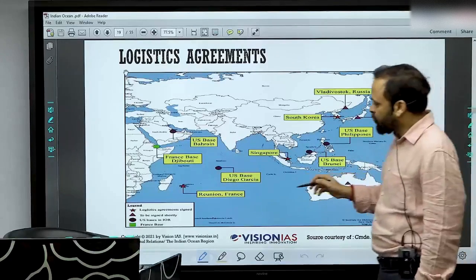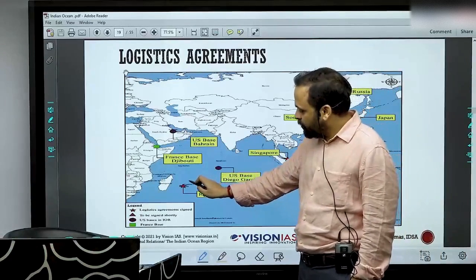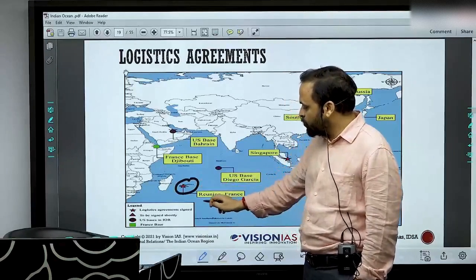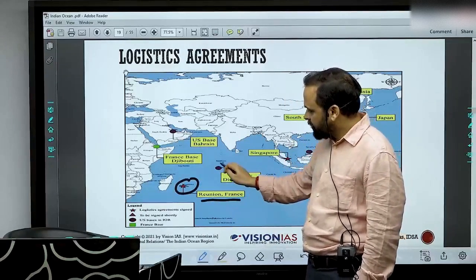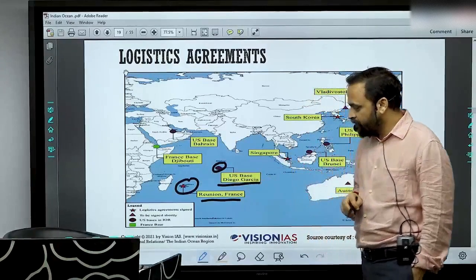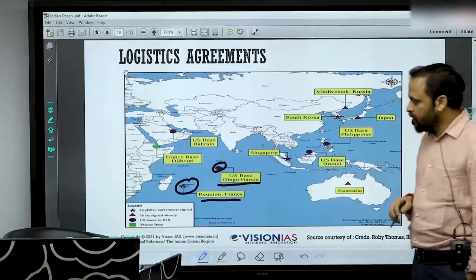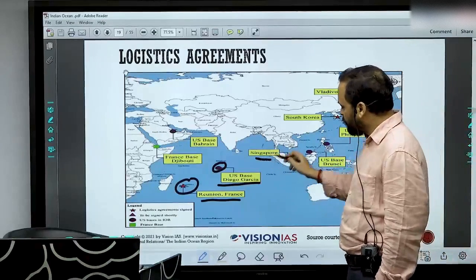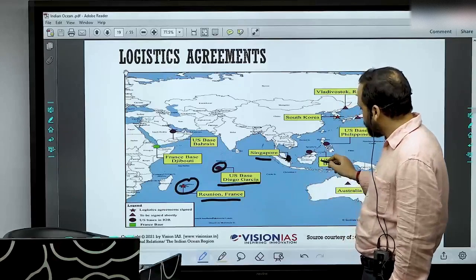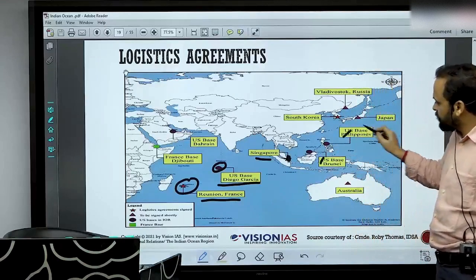So in Indian Ocean you have, look at this, this is Reunion. Reunion Island belongs to France. This is Diego Garcia. Diego Garcia is a military base of US. All right. Then Singapore, we saw the Changi base during China as well, right? US has military presence across this region.